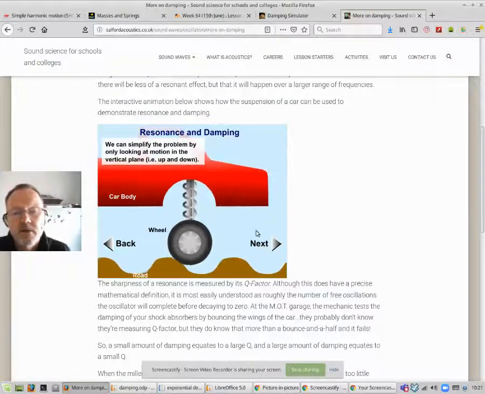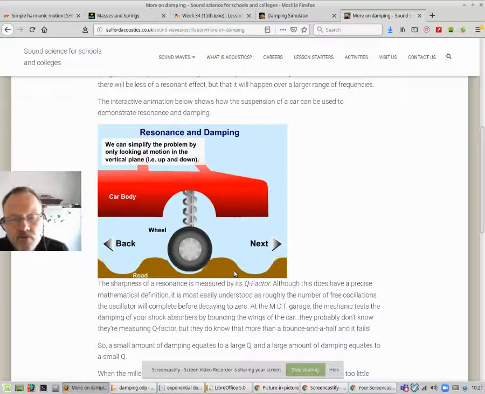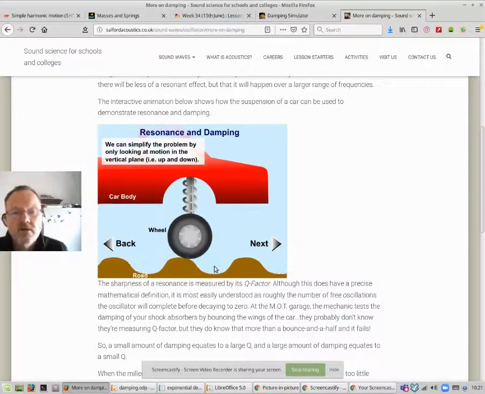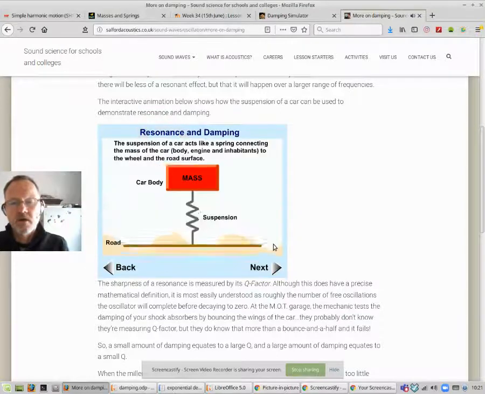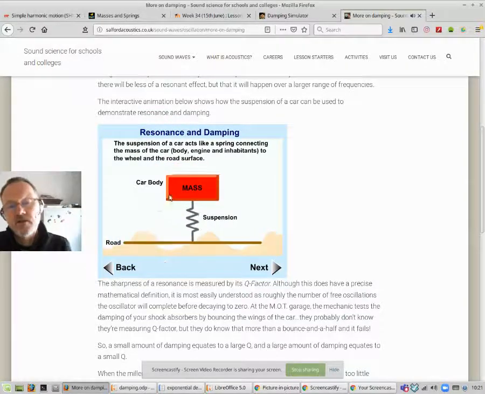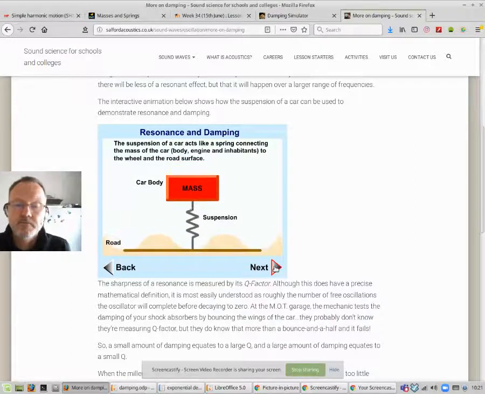So here we've got the bumps. It's a bit artificial, but we're imagining the bumps are at regular intervals, and that's driving the oscillator of the car. We could imagine that the car is just modelled as a mass on a spring, much like we've done before.